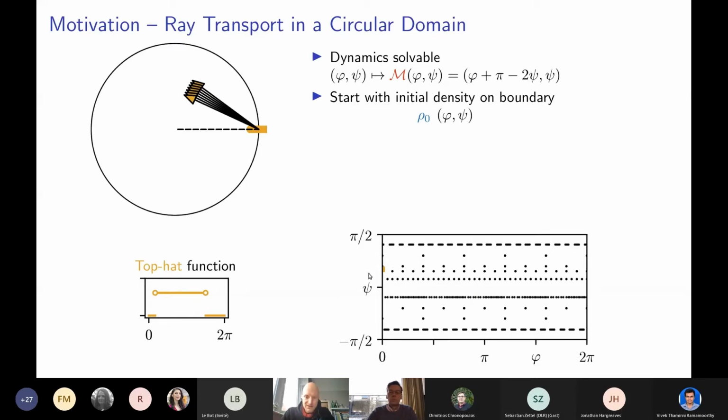Now, this rectangle here is very small, so it means that the phi range covered is only very small, but it does mean that we actually start infinitely many trajectories for this tiny range of phi values here. And giving it an extent in psi direction means that there's not just one direction of rays emanating from here, there's a whole spread of directions. So this is the next important thing. We had the boundary map, and now we are talking about densities of rays.